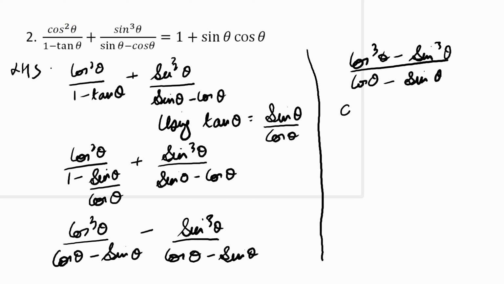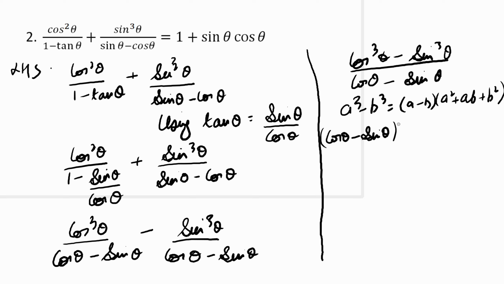Now I am going to use a cube minus b cube is equal to a minus b, a square plus ab plus b square. Okay, so we will use cos theta minus sin theta into cos square theta plus sin square theta plus cos theta sin theta.